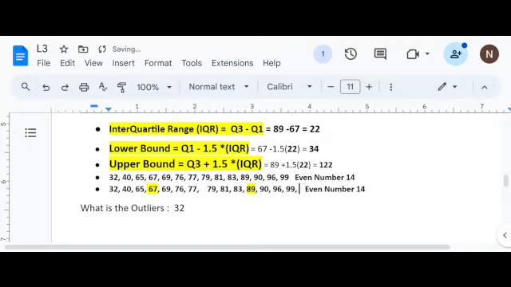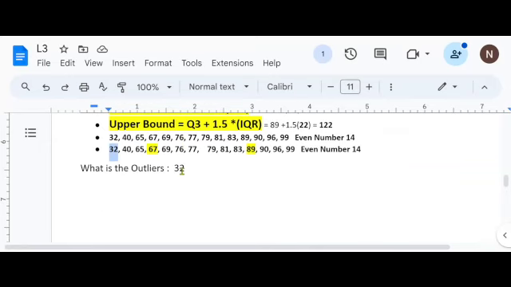And what do I do with the 22? The 22 helps you to get the lower boundary, and it helps you to get the upper boundary. Okay, so here the outlier is 32. It's clear? We can have 2 outliers.